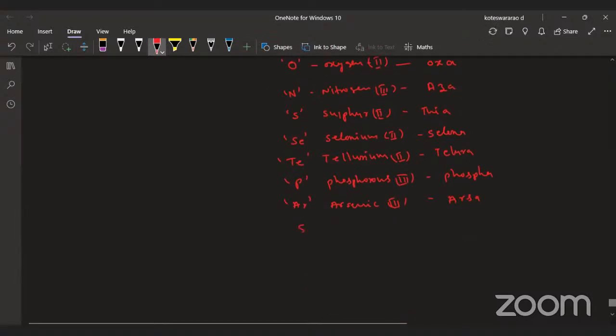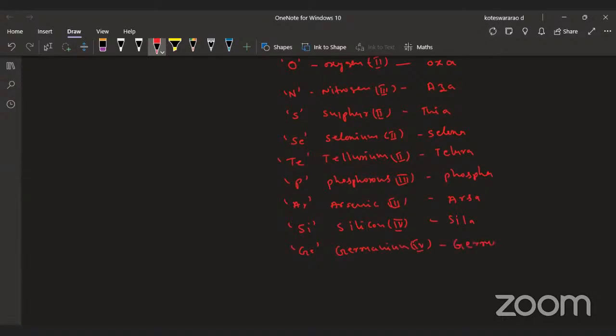Silicon heterocyclic compounds are also used; like carbon, silicon has valency 4, and its prefix is sila. Germanium also shows fourth valency, and its prefix is germa.